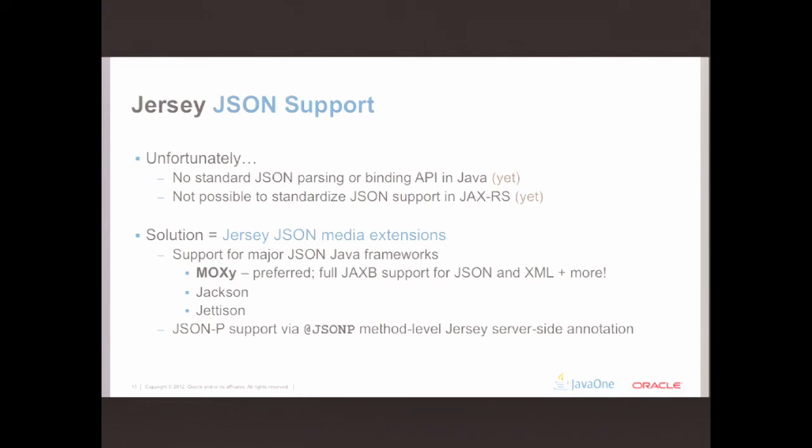And the solution for that is basically to use the Jersey JSON extensions. Jersey has media extensions not only for JSON but also for other stuff. And currently, as for JSON, Jersey provides support for all the major existing JSON Java frameworks, such as JAXB and Jettison.